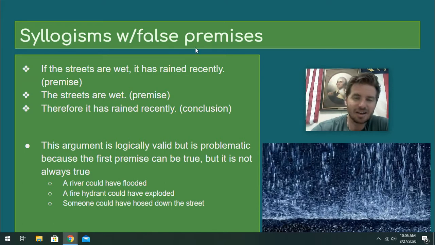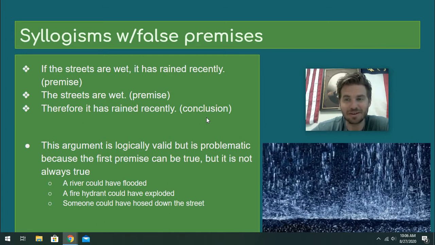But when you make assumptions that the premise is true, there is some latitude for error there. So if we look at this syllogism with false premises, because it is not an absolutely true premise, it makes the conclusion very flimsy.